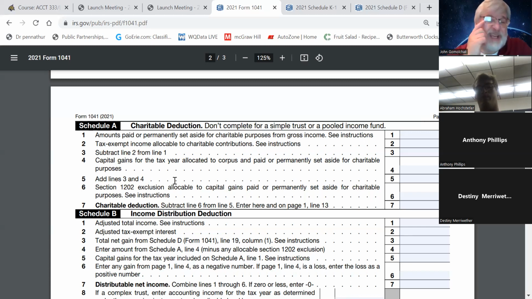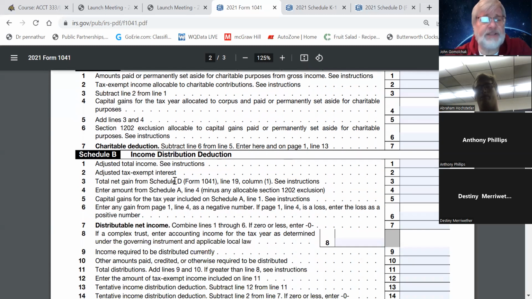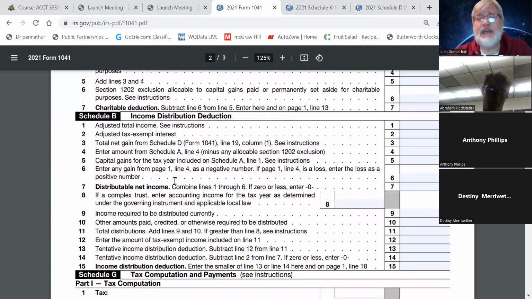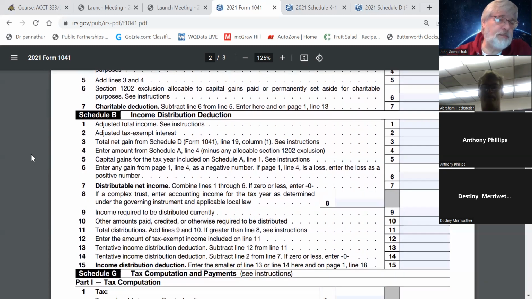All right, that being said, let's move on to Schedule B, because this is really the most important part of page 2. The income distribution deduction. So as I was telling you the other day, this can either be a pass-through entity or a tax-paying entity, depending on a whole lot of circumstances.